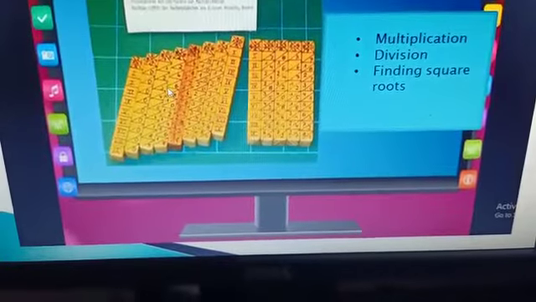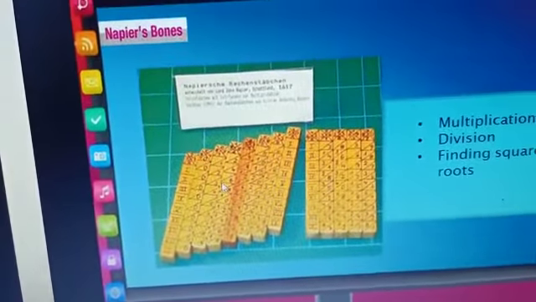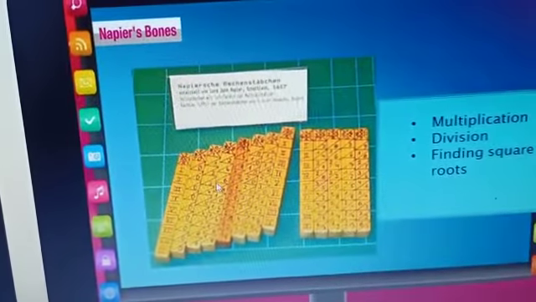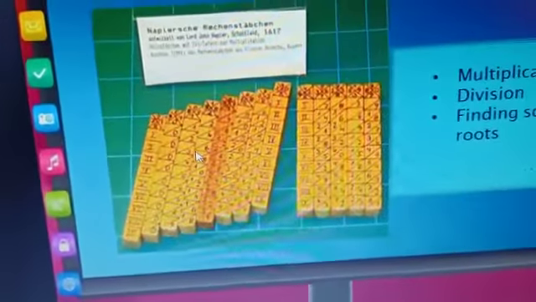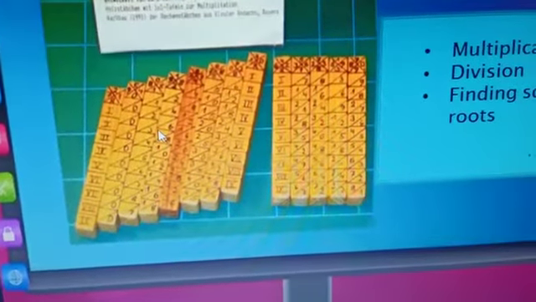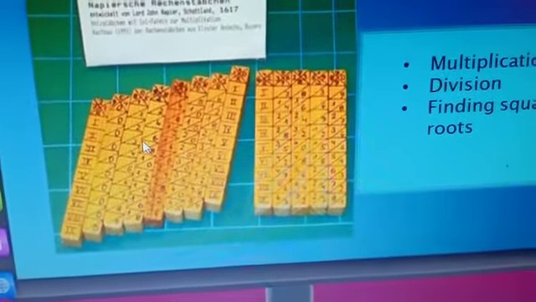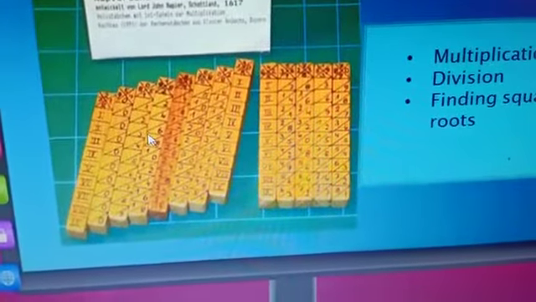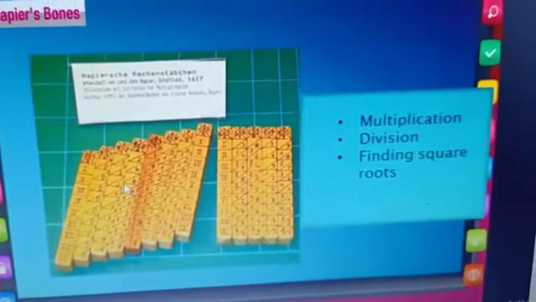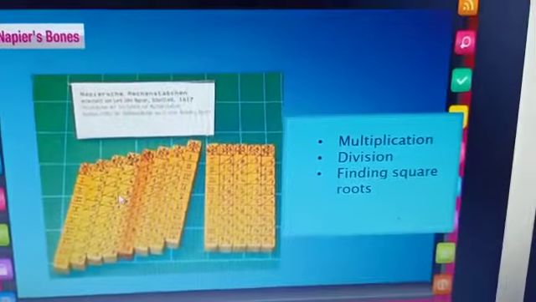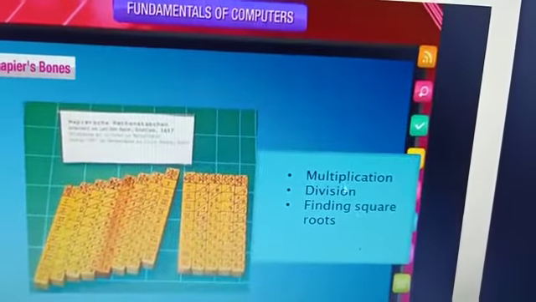In 1617 John Napier made this device. It was a set of rectangular rods marked with numbers. You can see numbers on these rods. Can you? Yes, it was a set of rectangular rods marked with numbers. And these rods were used to perform multiplication. Initially, it was used to perform which function?